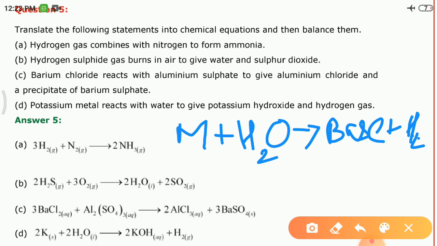So here the metal is potassium, so it is potassium plus water H2O. It gives a base, potassium forms KOH, plus hydrogen gas. So the complete equation will be 2K plus 2H2O liquid gives 2KOH aq, aq means aqueous, dissolved in water, plus hydrogen gas.